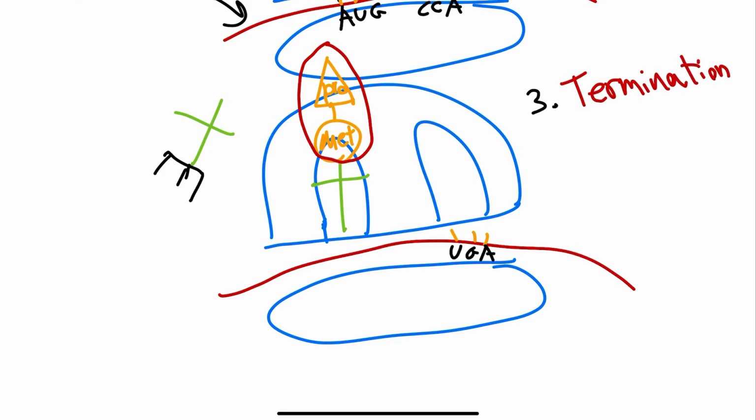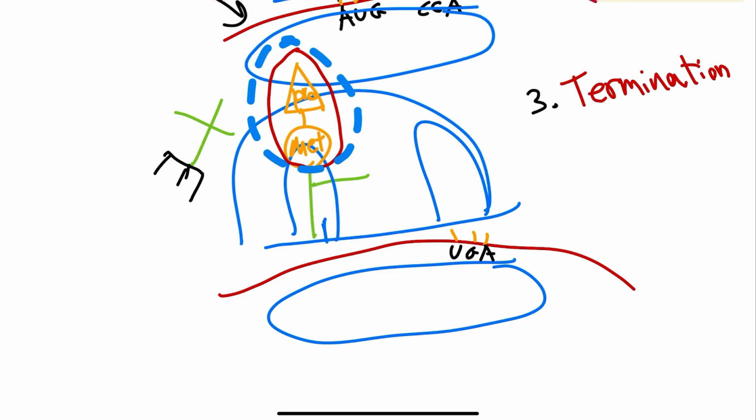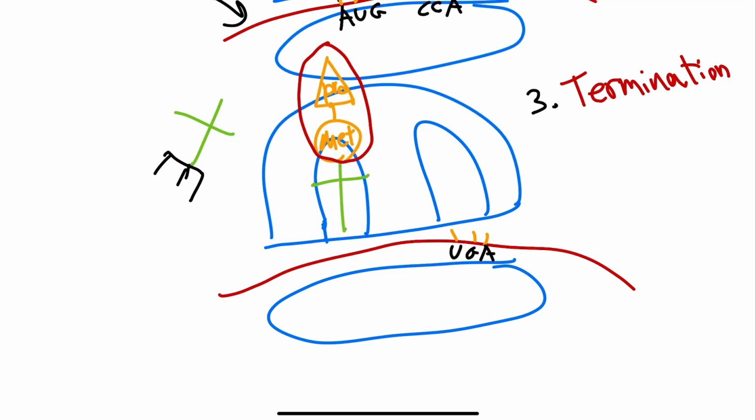Okay, that did not work how I thought it would. But this guy right here, it's done. Our protein is done. This is called a polypeptide. The polypeptide and its tRNA are going to detach from the ribosome. And then the ribosome is going to split up.